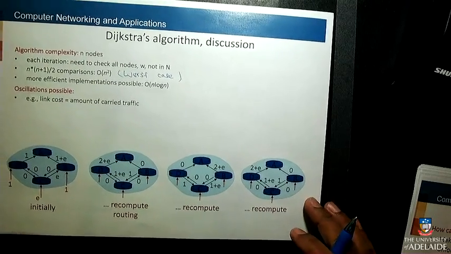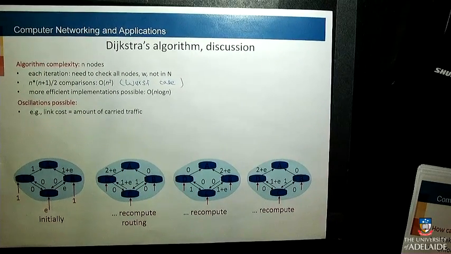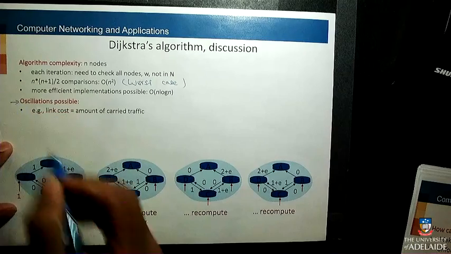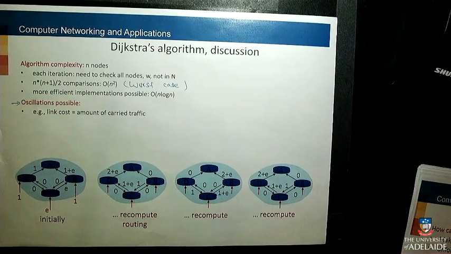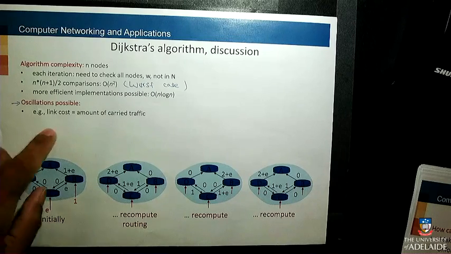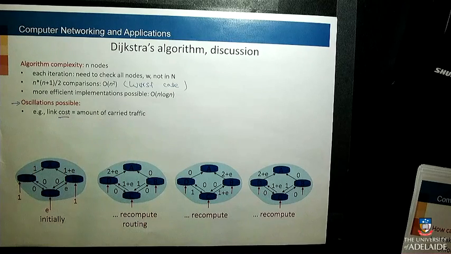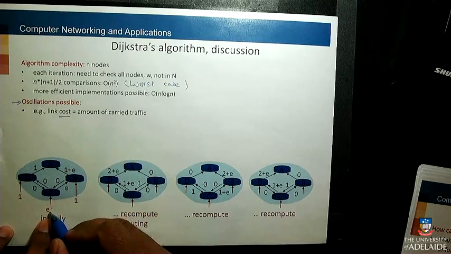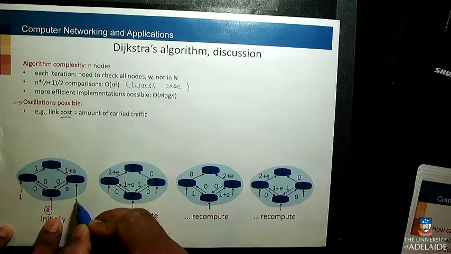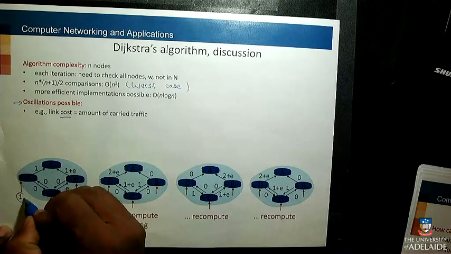But the part I want to bring your attention to is what I call oscillations. If you have a link state routing algorithm, here's a problem that can happen. Look at this example, and imagine that the cost is actually the amount of traffic carried. Here, this router is putting on quantity of traffic E. This is 1 unit of traffic, and this is 1 unit of traffic.